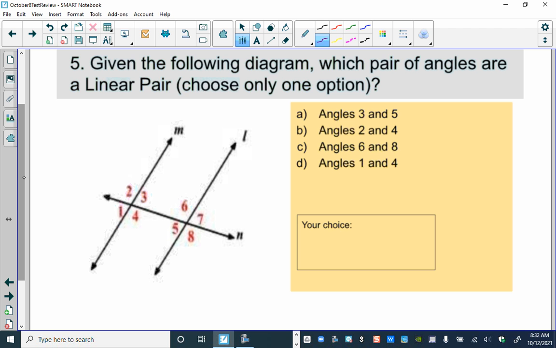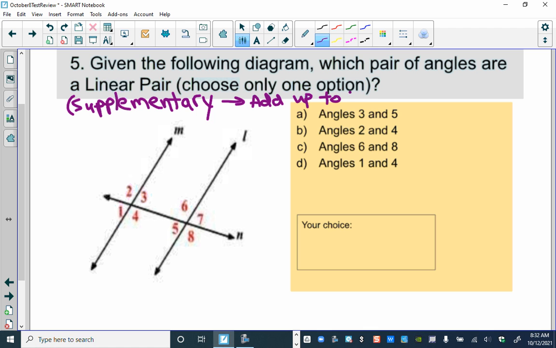Linear pair. A linear pair is supplementary. So right away, linear pair, they're supplementary. That means they add up to how many degrees? 180. Now, the other thing: if it's a linear pair, they also have to share a side.